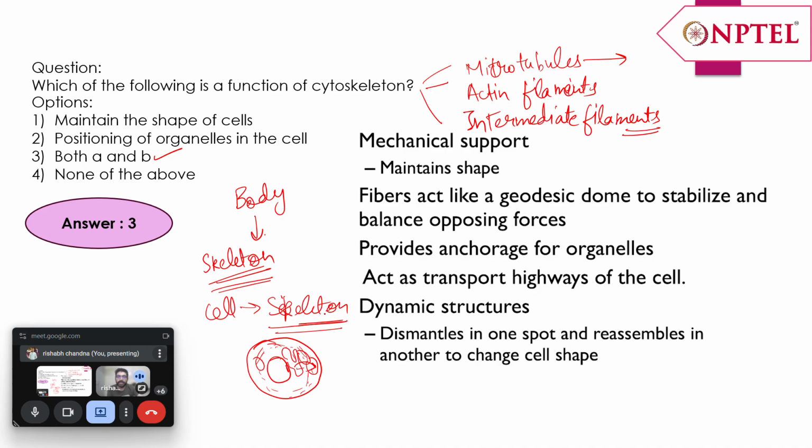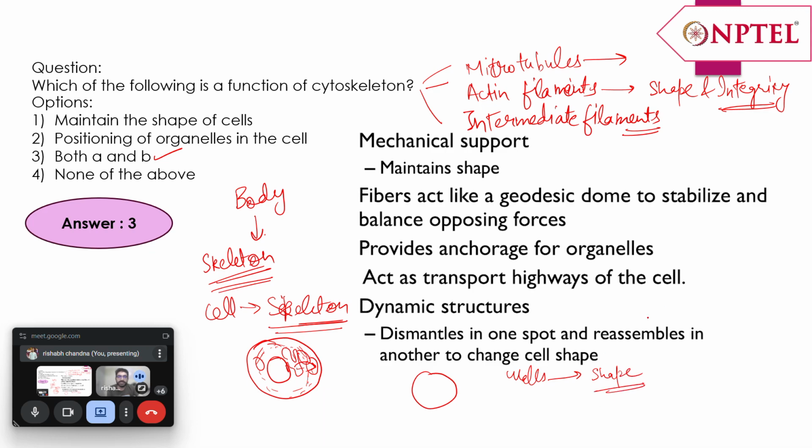Okay, actin filaments help in maintaining the shape and integrity. Shape means this circular shape. Like we have different walls in our house, walls basically help in maintaining the shape of the house, right?